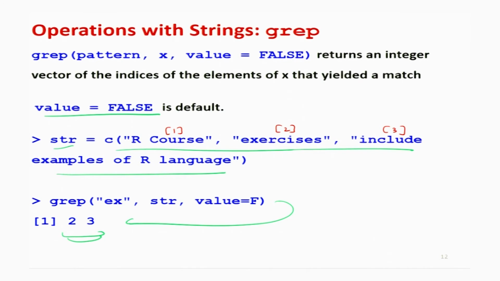There are 3 strings in the data vector str, and their locations are indicated by this outcome. This 2 indicates that ex is occurring in the string placed at the second index, and this 3 indicates that ex is occurring in the string on the third position in your data vector str.